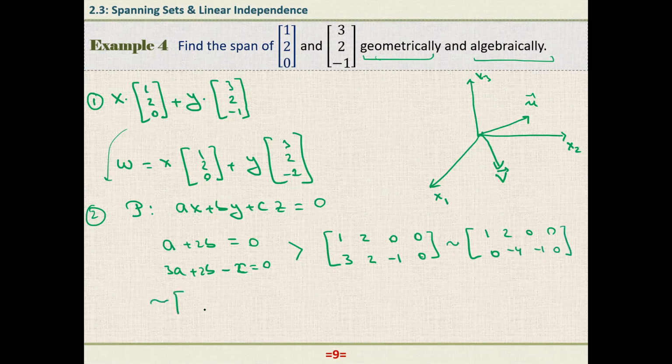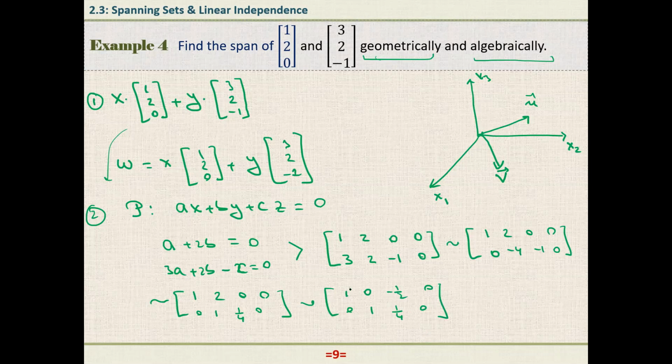Dividing by -4, we get 0, 1, 1 over 4, and 0. Then multiply by -2 and add to the first row: 1, 0, -1 over 2, 0, and 0, 1, 1 over 4, 0.